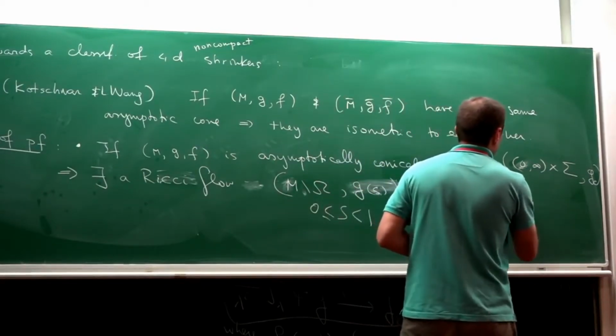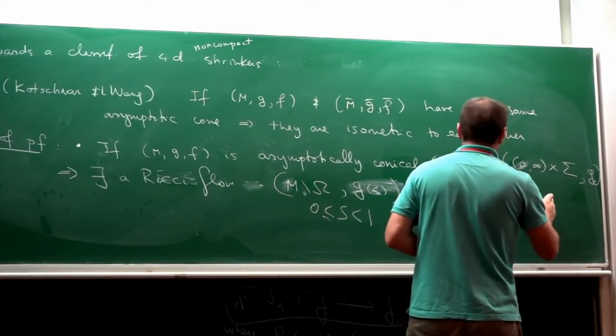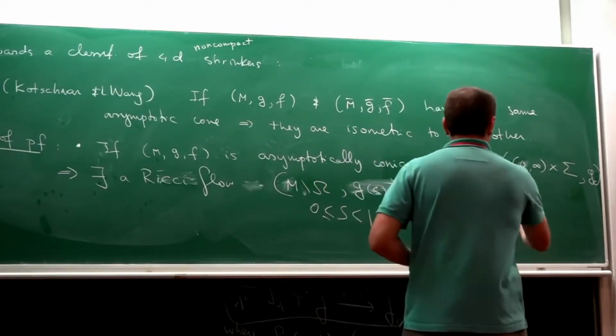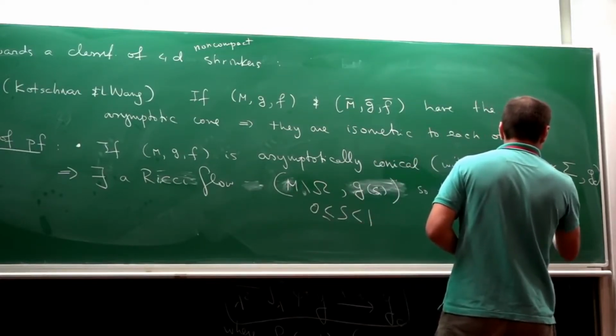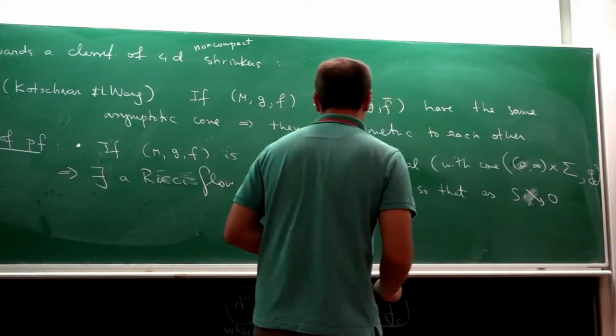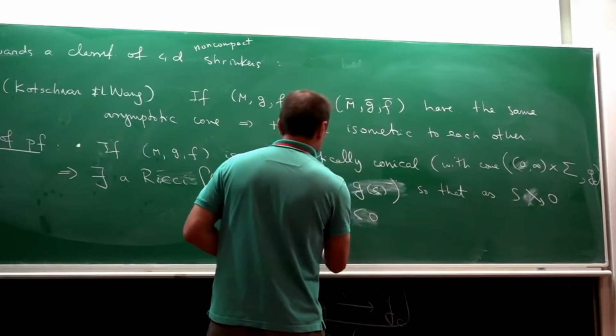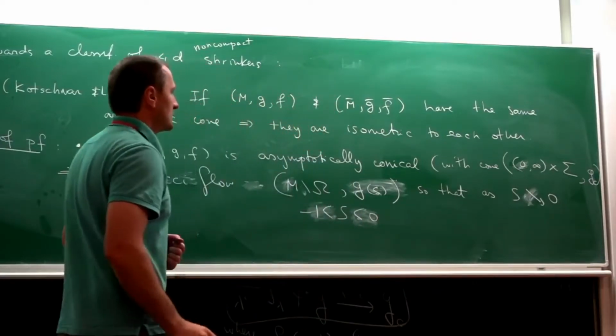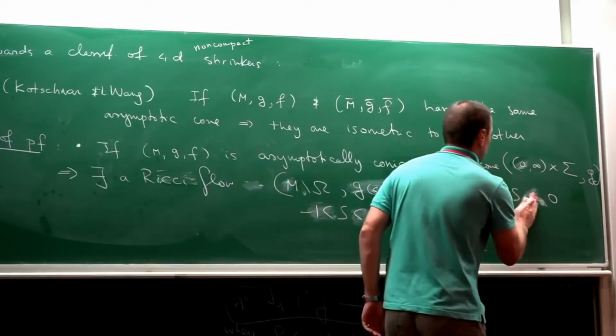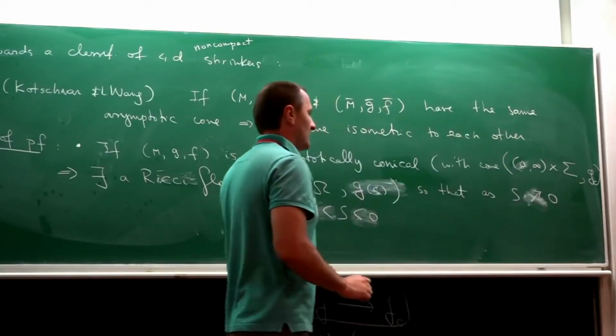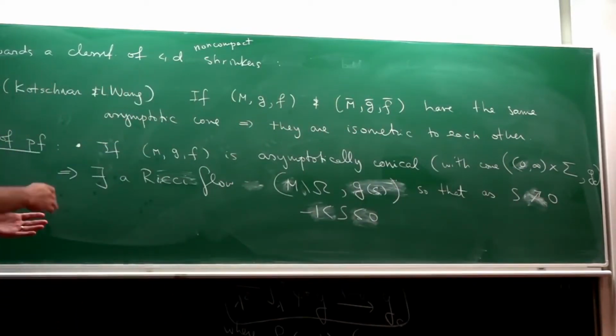as s goes to 0... I want to say between -1 and 0. Sorry about this. As s goes to 0 increasing, I was confused because I think yesterday I did minus infinity to 1, so this would correspond to s going to 1. But I would prefer to do it with 0 today.